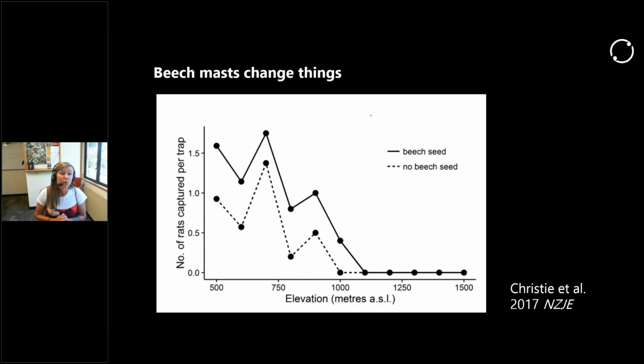We don't know which of these mechanisms is occurring because all our data really come from tracking tunnel data or trapping data, and that doesn't give the right kind of insight into what's driving this pattern. But the answer will really suggest whether it's cold or food that's limiting rats from normally occurring in these forests.